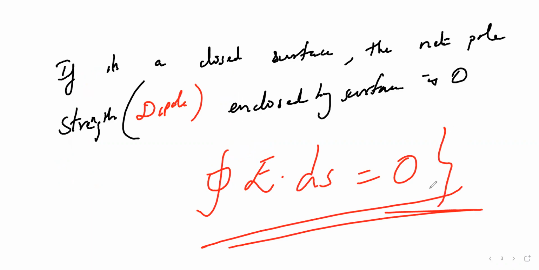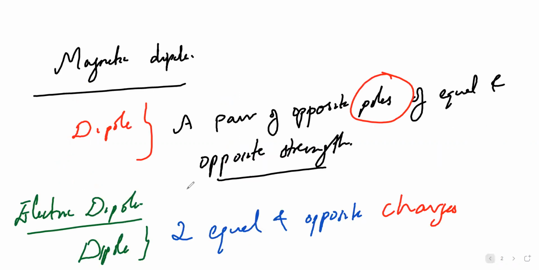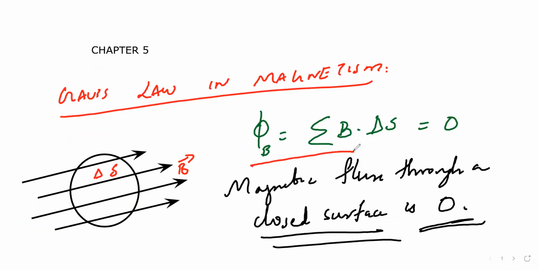Integral of E dot dS in case of electric field is the electric flux formula. Same thing only. This is my magnetic flux, equal to summation of B dot dS, the summation of all the magnetic field lines passing through the surface. So if we compare and study, it is easy. Same only, one and the same.